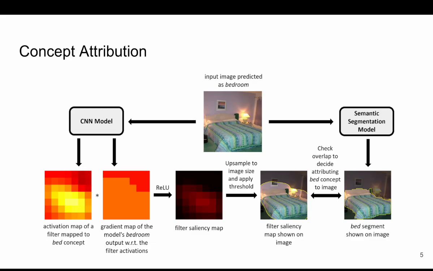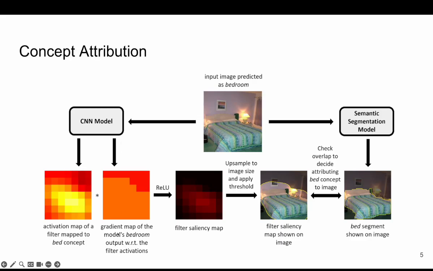And then we take a dot product of the filter activation map with the gradient map of the model. And the gradient map comes from the very last layer of the whole CNN, where the probabilities of the different classes are computed. So in this example, our model classified this image as a bedroom.